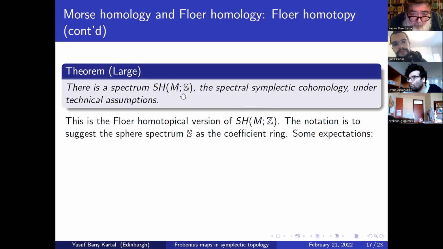So some expectations are, of course, that if you plug in a cotangent bundle, you recover the free loop space of N. Of course, you add a base point and take the suspension spectrum.